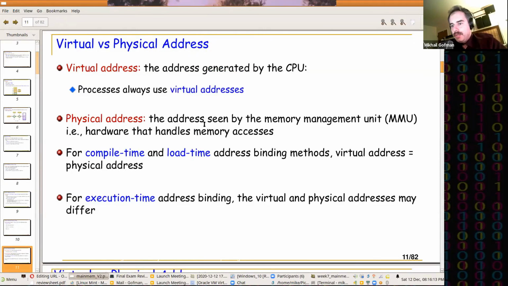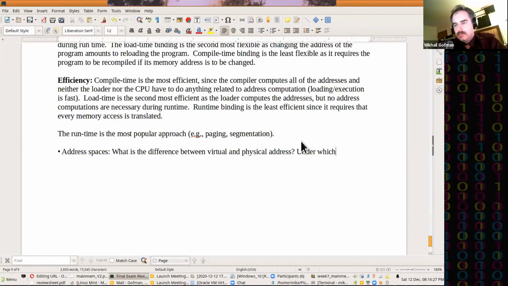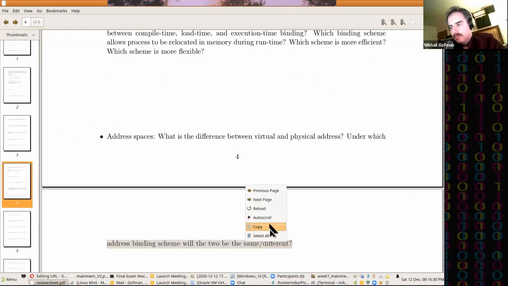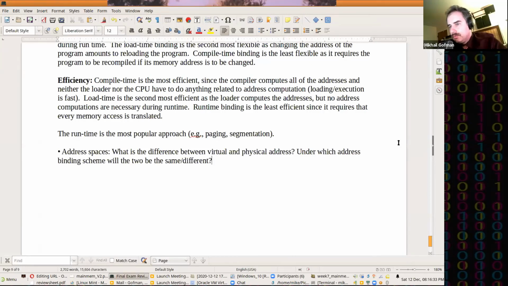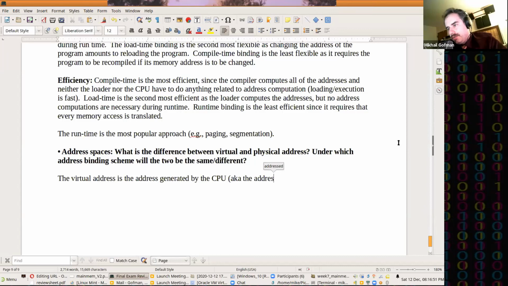So basically, the virtual address is the address generated by the CPU, aka the address issued by the process executing on the CPU.